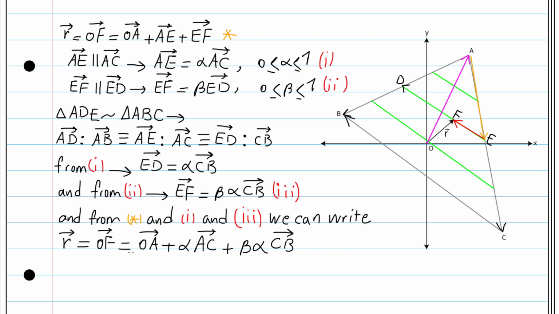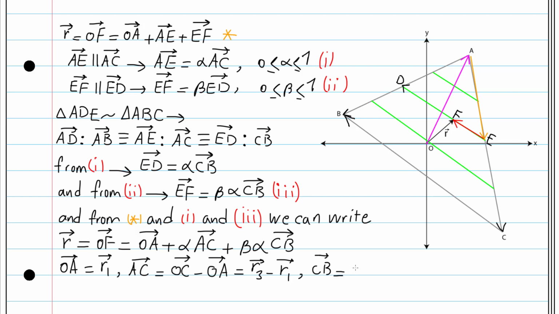And we also note that OA equals R1, AC equals OC minus OA, which is R3 minus R1, and CB equals OB minus OC, which is R2 minus R3.